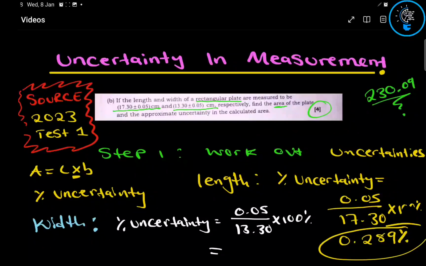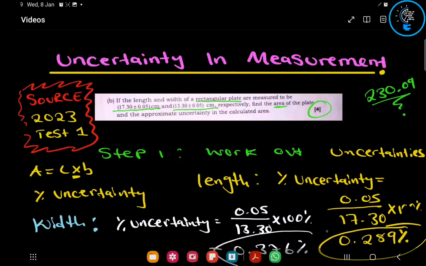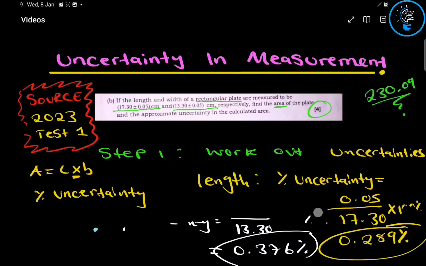And that will give us 0.05 divided by 13.30 times 100. When you punch this into your calculator, you need to get 0.376%. This one will also be important during our calculations. Now, I will lab everything on top.